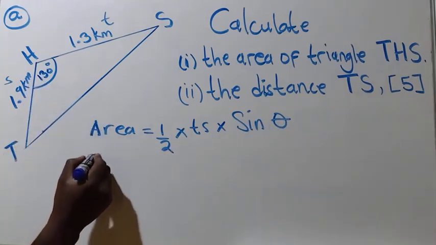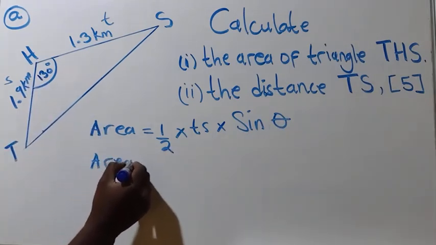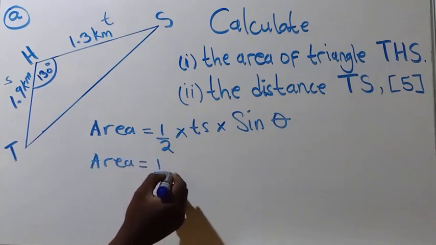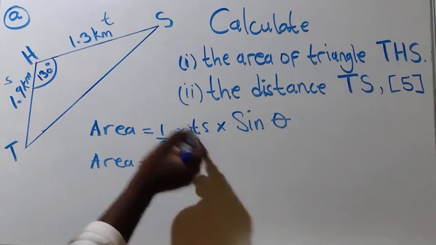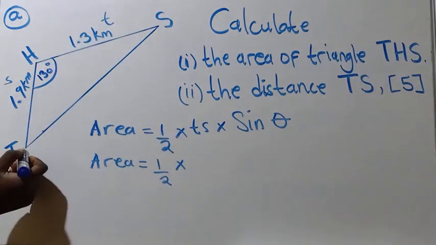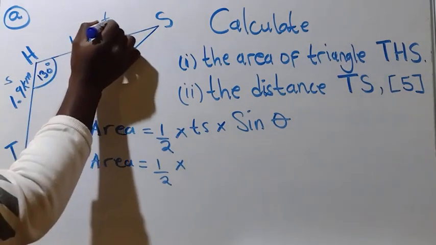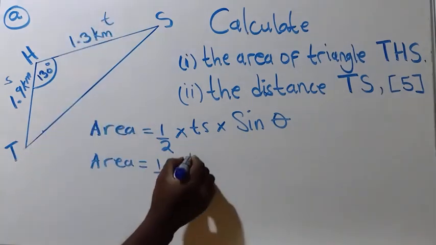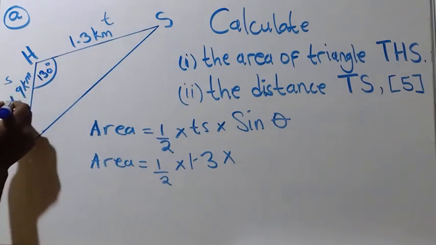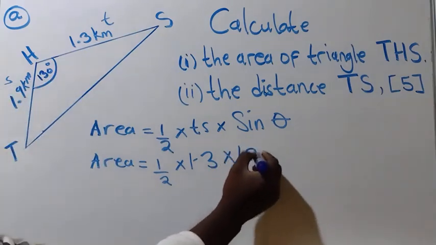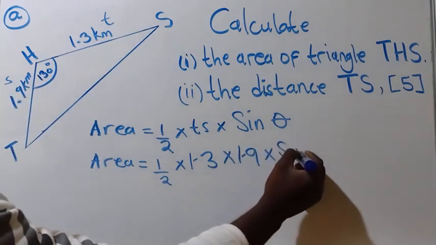So we proceed. You say area equal to 1 over 2 times t. Where there is T, it's this side, because we have a capital letter T here, so the small t representing the side is this side: 1.3. Times s, which is this side, 1.9, times sine.